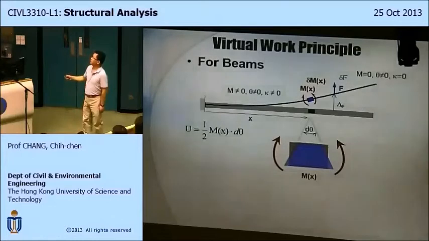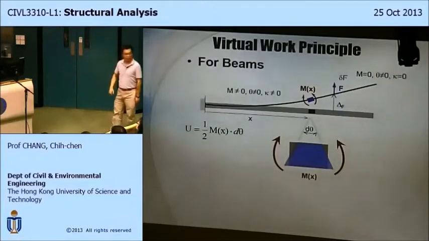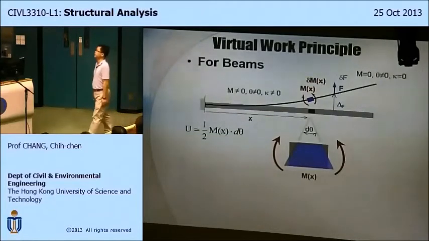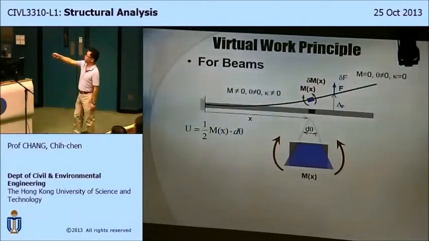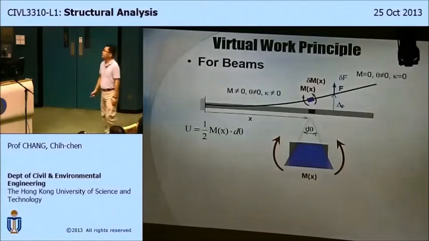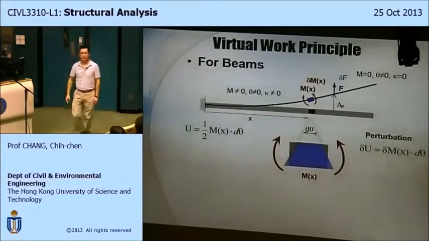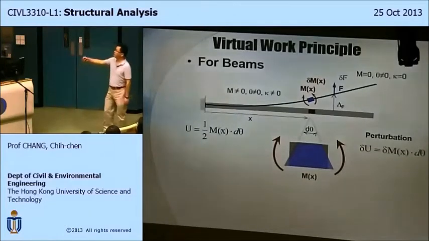Now I want to introduce a virtual force. Let's say I introduce a virtual force somewhere in the structure. This virtual force is going to induce an additional virtual moment in your structure. We can follow the same concept that we established for the truss structures. Under these perturbations, I inject a perturbed force, a virtual force.